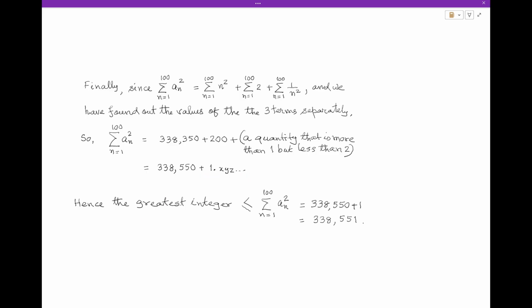So the greatest integer which is less than or equal to summation of n is equal to 1 to 100, an squared is equal to 338,550 plus 1, that is 338,551. That is the answer.